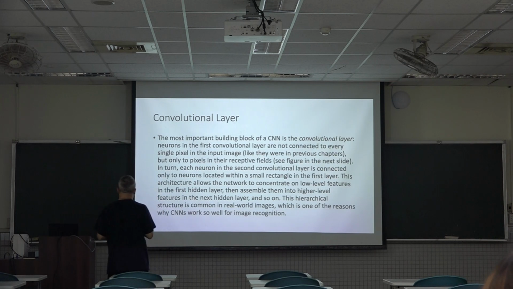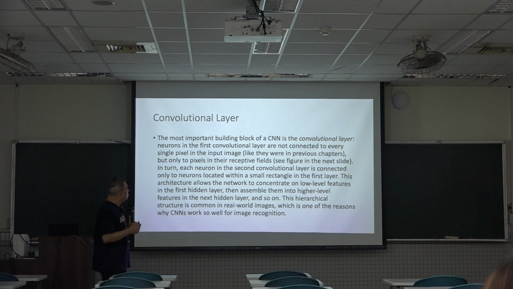So let's first look at the first building block of the CNN, which is the convolutional layer. Neurons in the first convolutional layer are not connected to every single pixel in the input image.